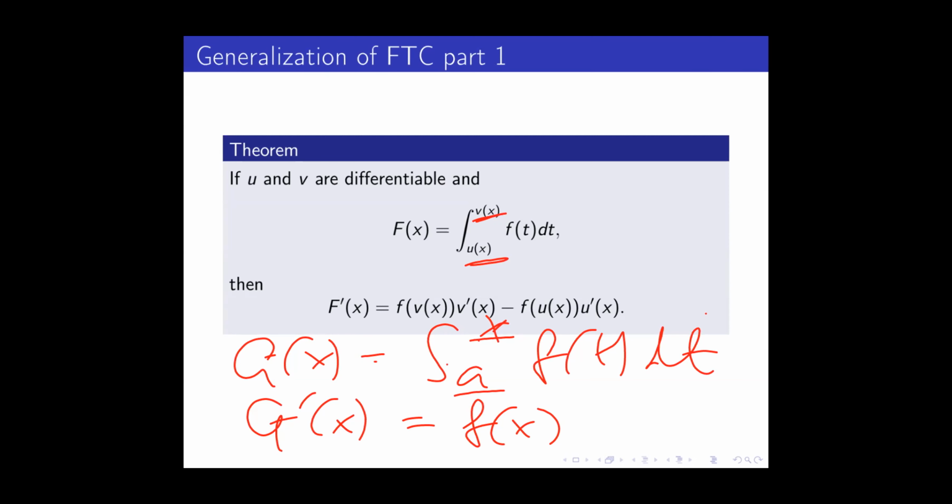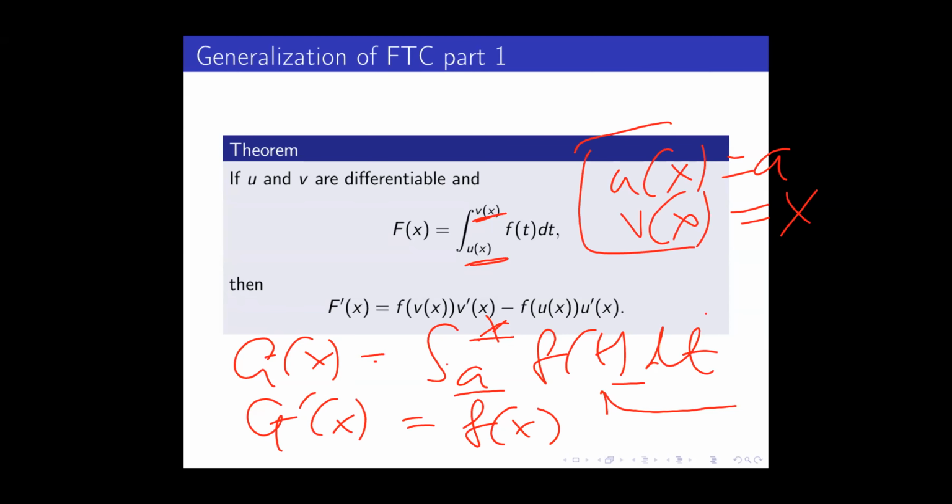And you can also see that the area function is a special case, when u(x) is always equal to a and v(x) is x. Since u(x) is always a, u prime is 0, so this term is not here.